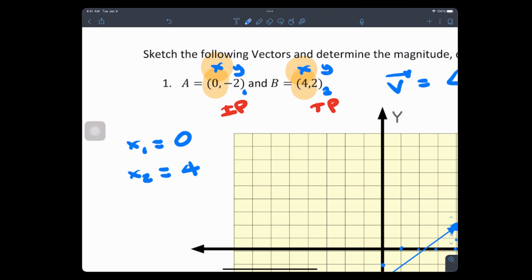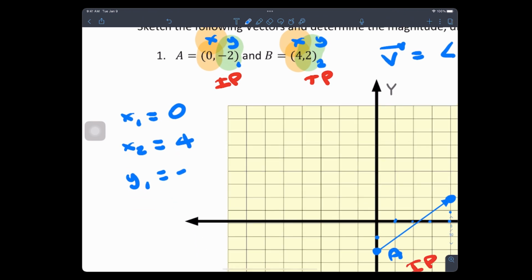Okay. Now, what do you guys need? You need the y values. Okay. What is y1? -2. What is y2, ladies and gentlemen? Isn't that what? +2. So double check that we're doing everything okay.